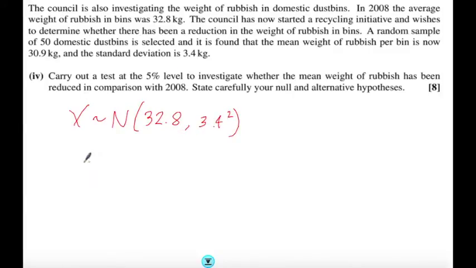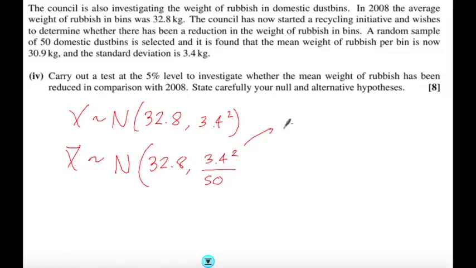Now that they've taken a sample of 50 bins, we would expect the means of those samples to be the same, and the variance would be divided by the size of the sample, so 3.4 squared over 50. Just remember that's sigma squared, it's not sigma, so sigma is going to be 3.4 over root 50, just something to bear in mind.